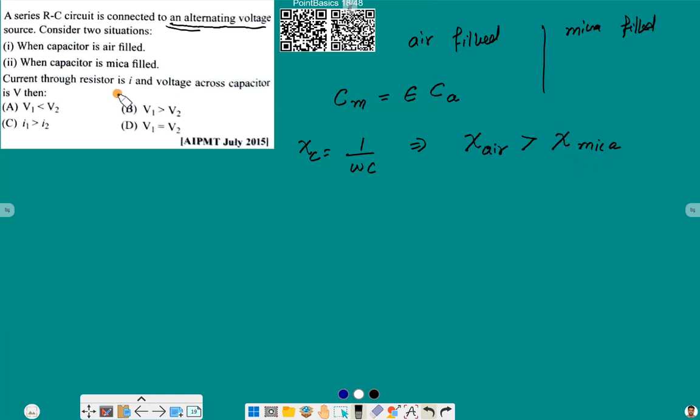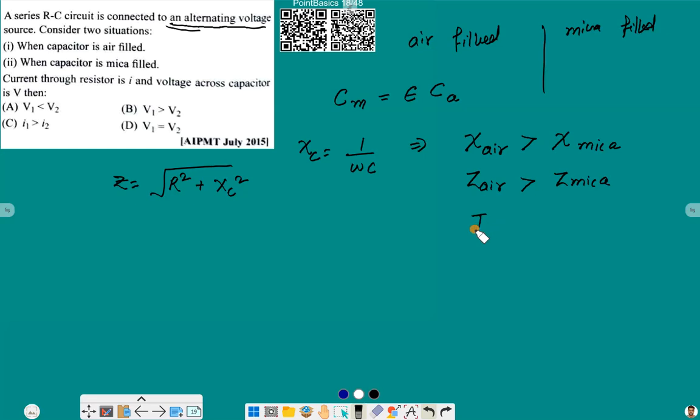And as we have to find the current through the resistor and voltage across the capacitor, the total impedance is given by Z, which is the square root of R square plus XC square. As in case of air, impedance X air is higher, so we can say Z air will be higher as compared to Z mica, and current will follow the inverse relation as current is potential divided by the impedance.